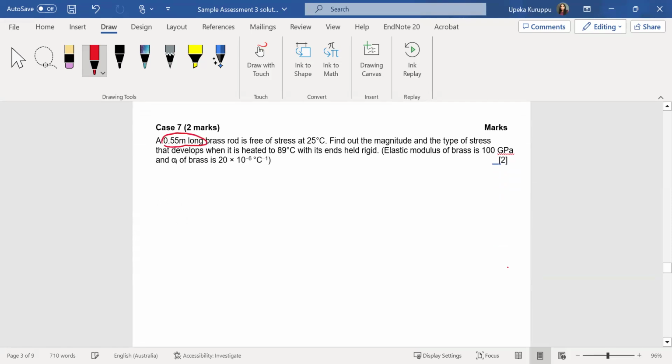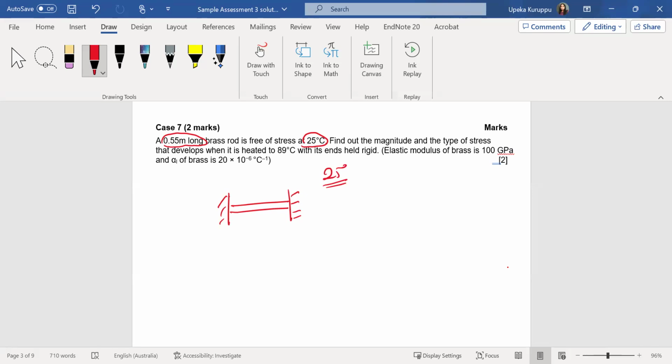A 0.55 meter long brass rod at 25 degrees Celsius. So you have a brass rod like this, held between two fixed supports. At 25 degrees Celsius it has no stress; the stress is 0.